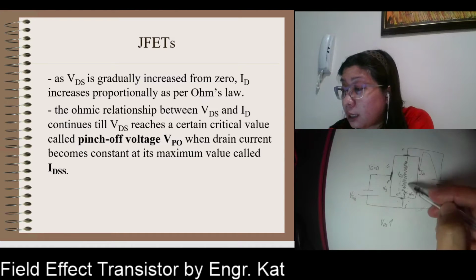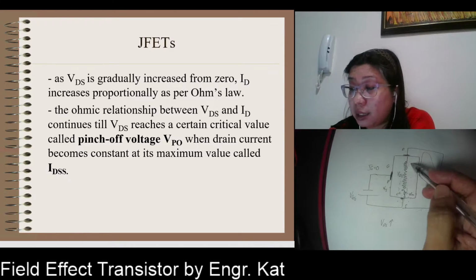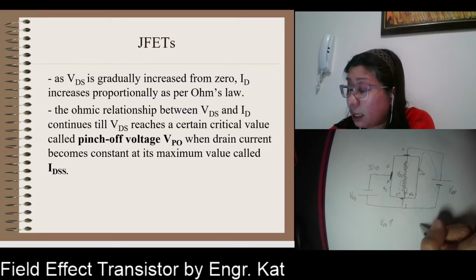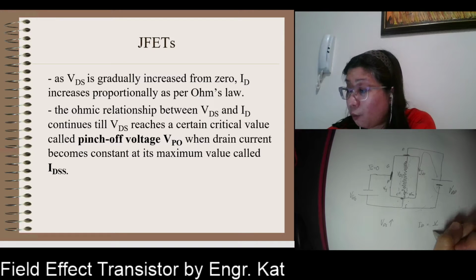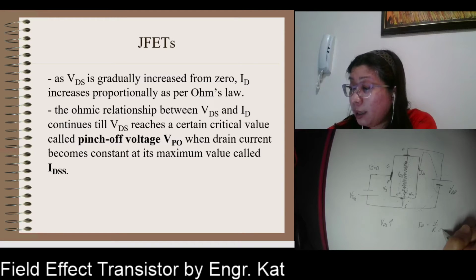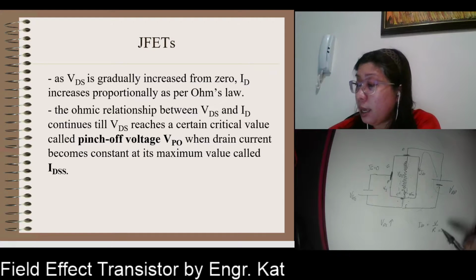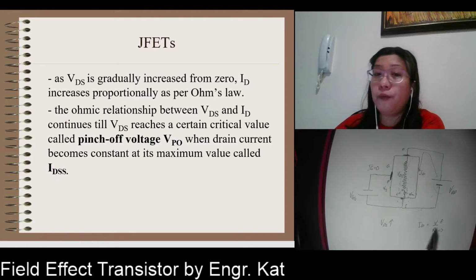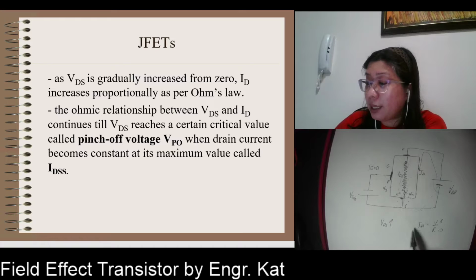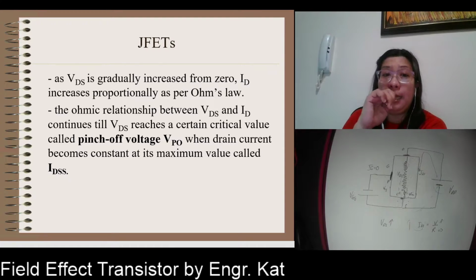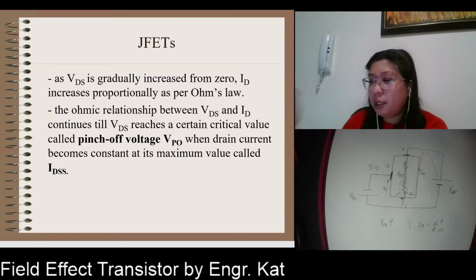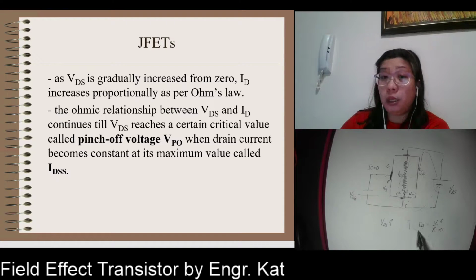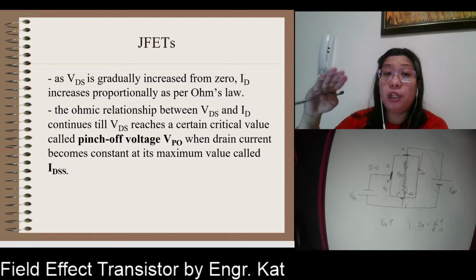So if this is a constant resistance, what is our ID equal to? ID is equivalent to V all over R. So if we make this R constant and we keep on increasing your V, so what happens is your I keeps on increasing, until it reaches a critical value.